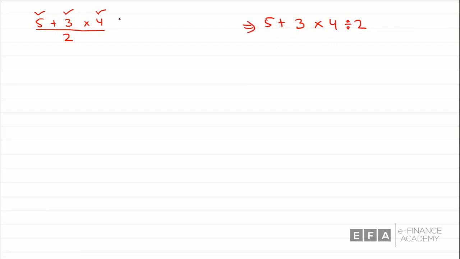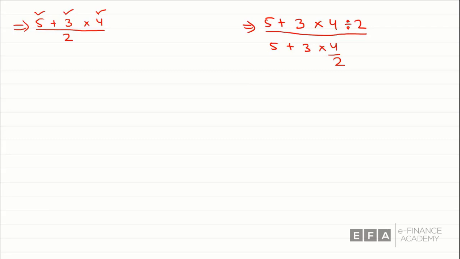The calculator is perceiving this as 5 plus 3 times 4 divided by 2, while what we want is to divide the entire number by 2. So make sure you don't make such an error. You don't key in and type in this way in your calculator, which is your Texas TI-36X Pro professional calculator.